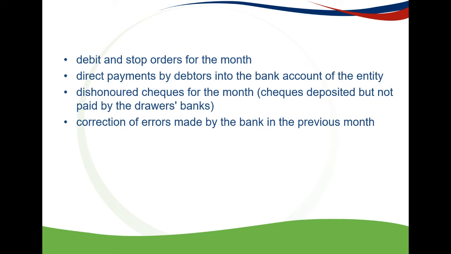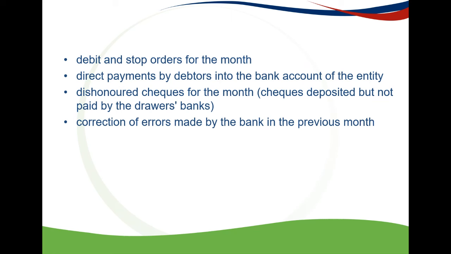Normally you will know about these transactions, but sometimes you might forget to record it in your cash payments journal. But then when you receive the bank statement, there you will pick up, oh, I forgot to put through these debit orders. So that's something that you can confirm when you receive the bank statement: did the debit order go through, and the amount that went through.